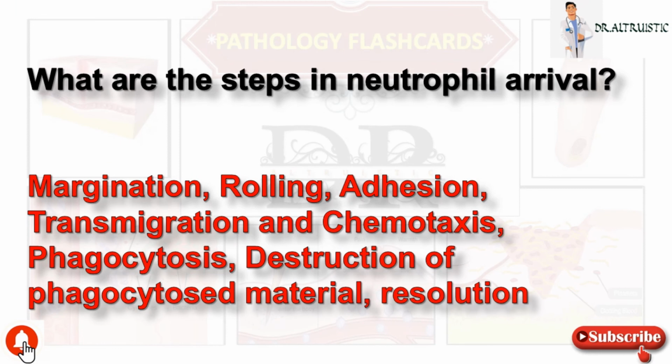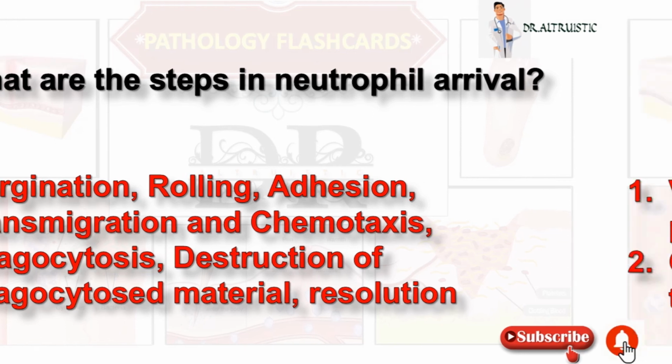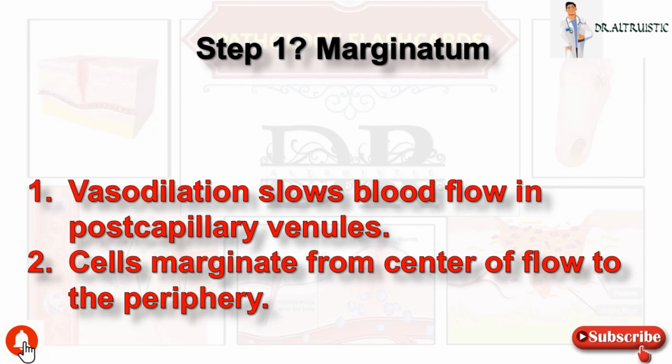What are the steps in neutrophil arrival? Margination, rolling, adhesion, transmigration and chemotaxis, phagocytosis, destruction of phagocytosed material, and resolution. Step 1, margination: vasodilation slows blood flow in postcapillary venules, and cells marginate from the center of flow to the periphery.